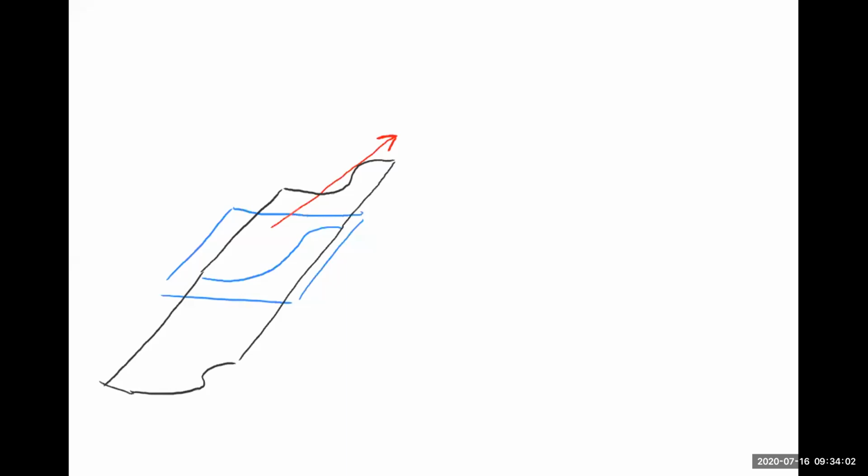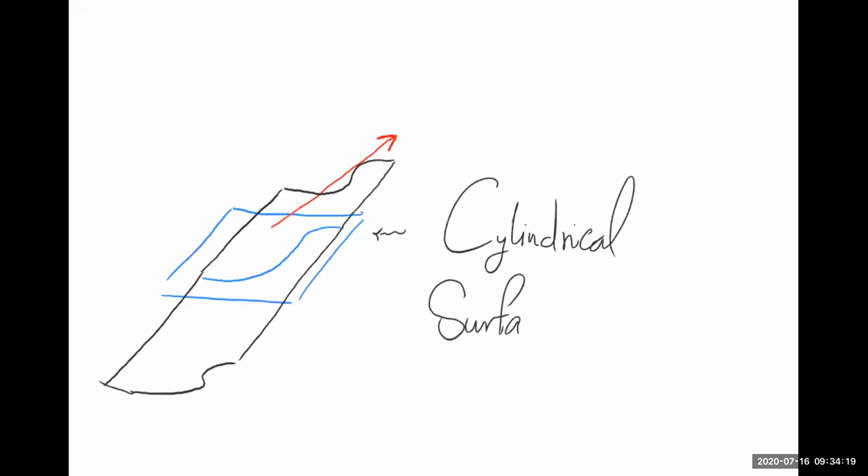All these surfaces, even if they are not literally a cylinder, are called cylindrical surfaces. Cylindrical surfaces come with two important pieces of information. One is the generating curve, here this blue thing. The other is the direction we move that generating curve.